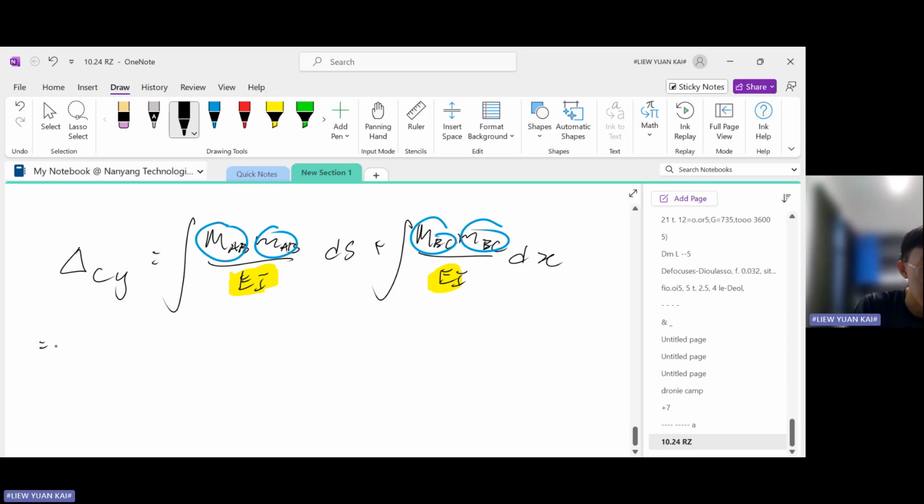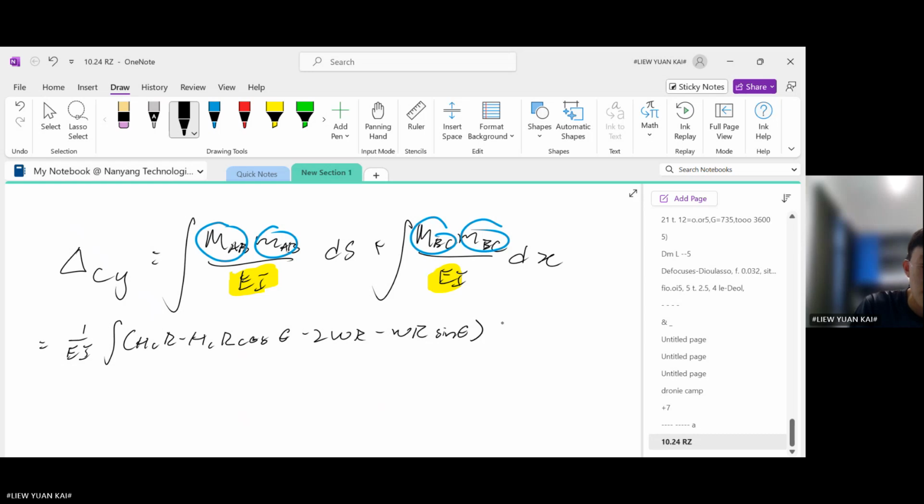So our delta Cy will be equal to, okay, pull this out of the integration. So I'm gonna substitute this in. Bear with me, it's a very long expression. Okay, then followed by the virtual internal moment. And remember, I'm gonna replace ds with r d theta. So r d theta.